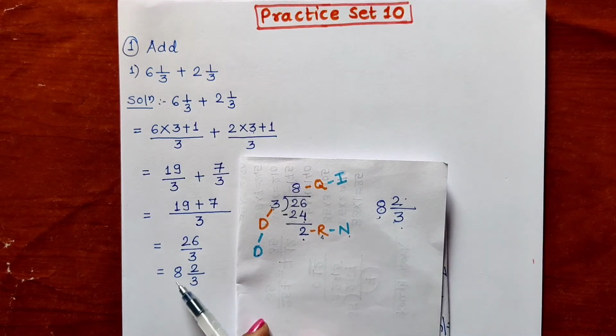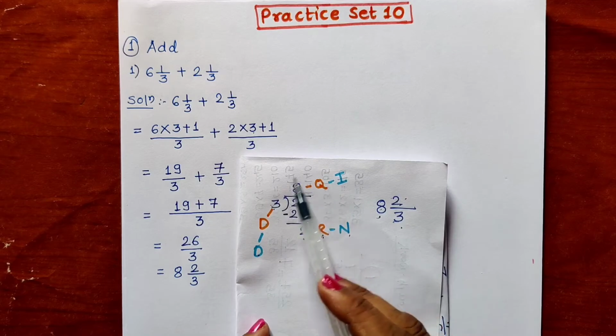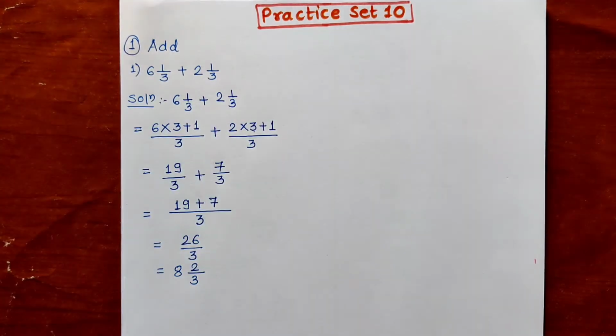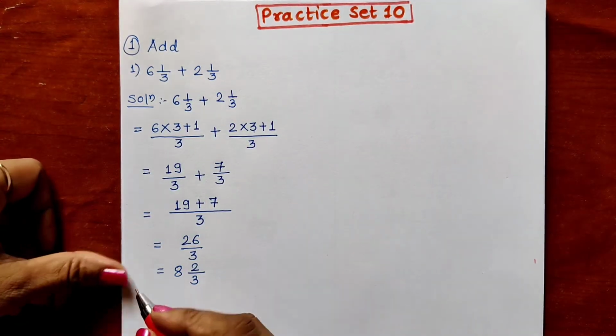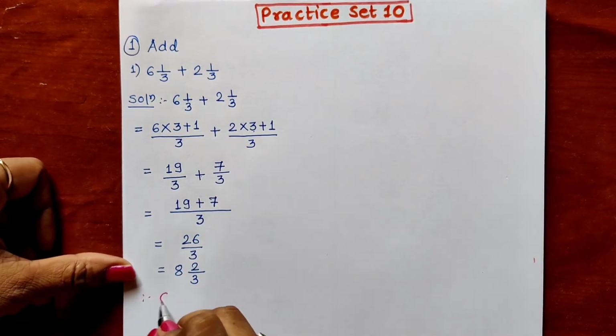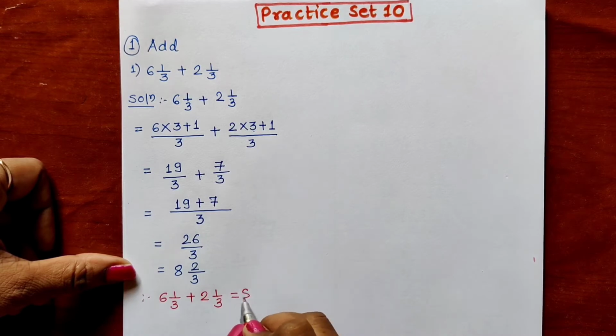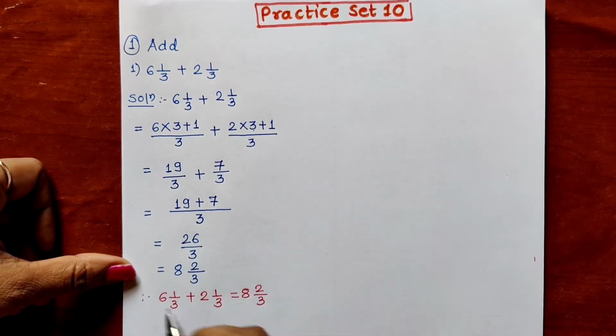So the answer is 8 integer 2 upon 3. In this way, by dividing we get the mixed number. So now we will write the full answer. Therefore 6 integer 1 upon 3 plus 2 integer 1 upon 3 is equal to 8 integer 2 upon 3.